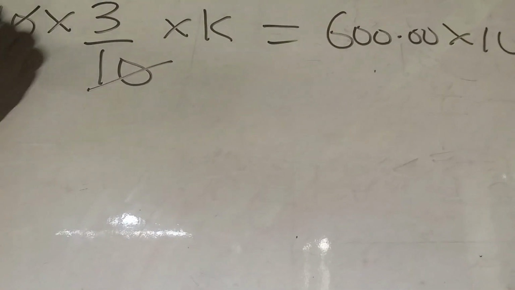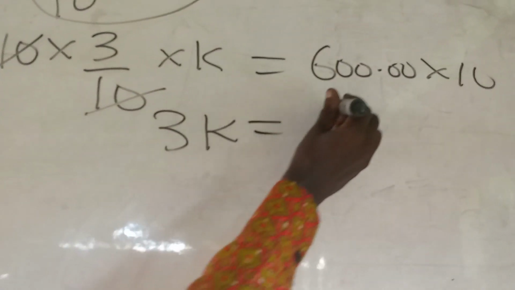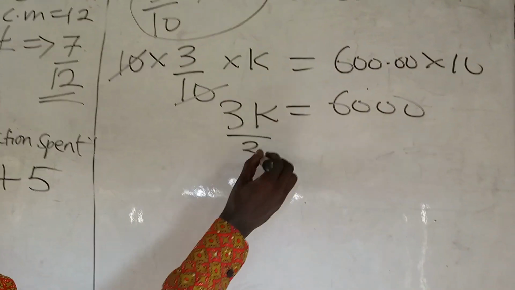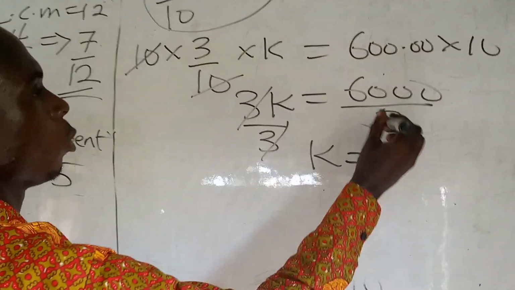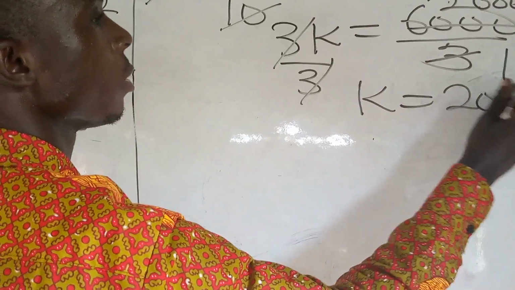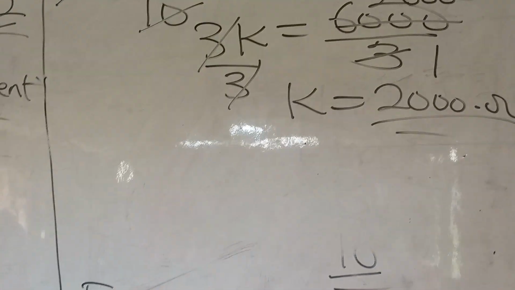This will cancel this. 3 times k, we have 3k equal to 6,000. Once we have this, we divide through by the coefficient of k, which is 3. So 3 goes here 1, 3 goes here 2,000. We have 2,000 cedis, where our k is equal to our salary.